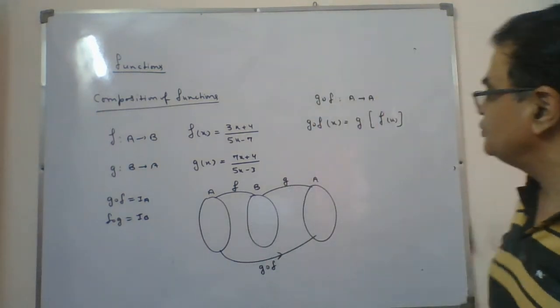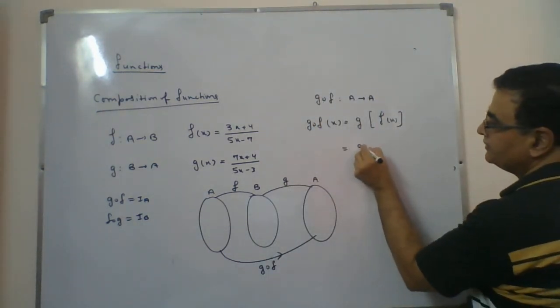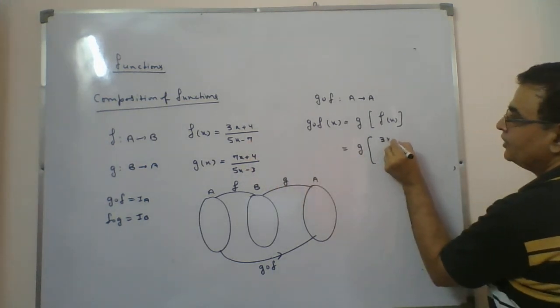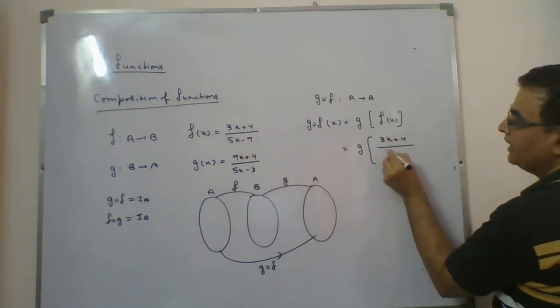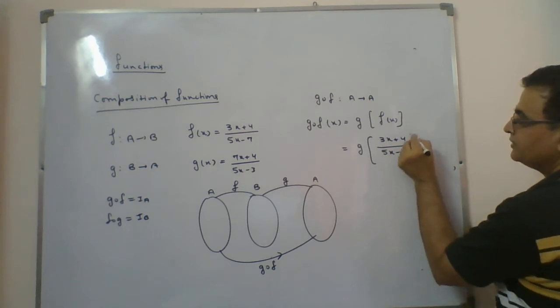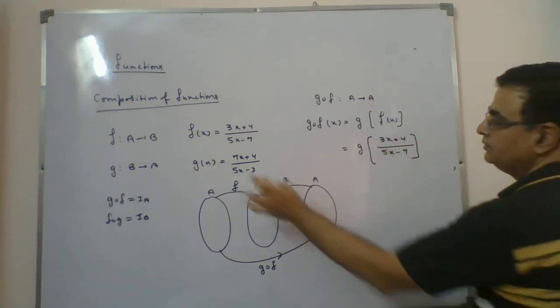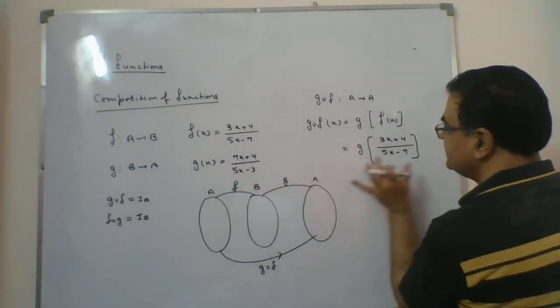When you think about G of f(x), we should write this as G of f(x). f(x) is what? This (3x plus 4) by (5x minus 7). So this is g(x) now. And now in x place, this will be the result.